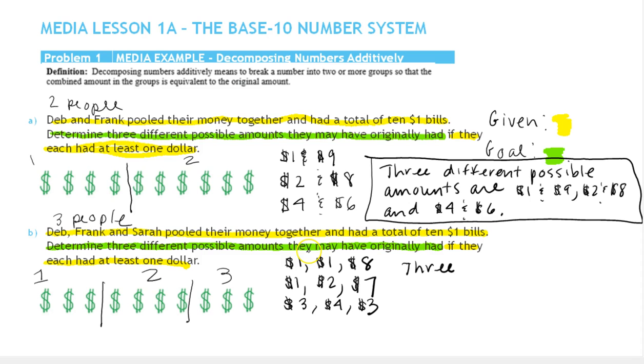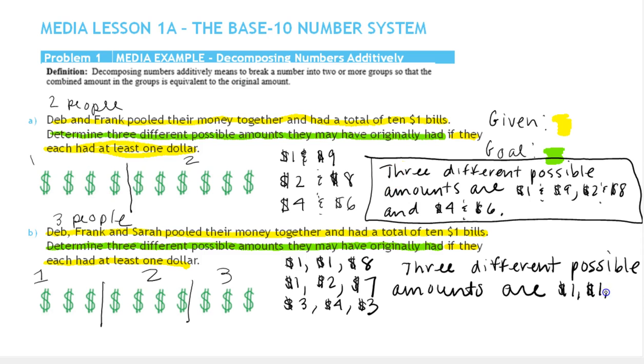Based on our goal, we're going to write 3 different possible amounts are $1, $1, $8, put a comma, $1, $2, $7, and the last one, actually this is a grouping, so I'm just going to make that clear by putting a little box around it.